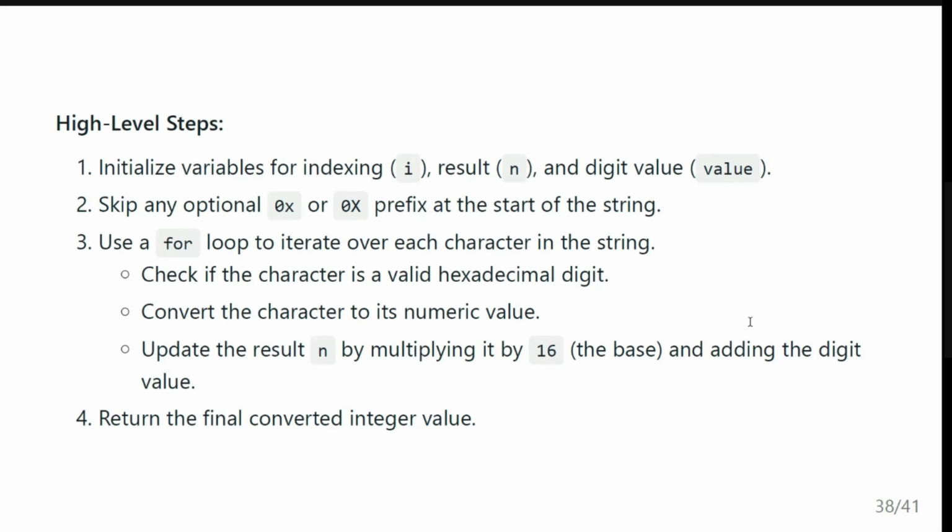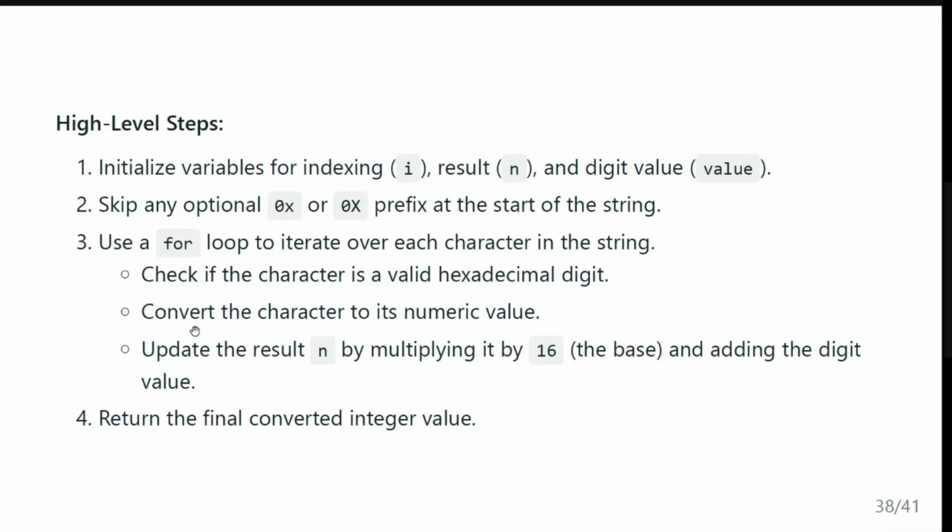All right, so then skip those optional prefixes. Use a for loop to iterate through each character, and check if it is in your range, either between 0 to 9 or A to F. And then you convert it into a numerical value.